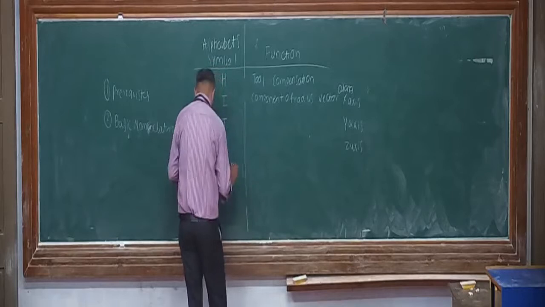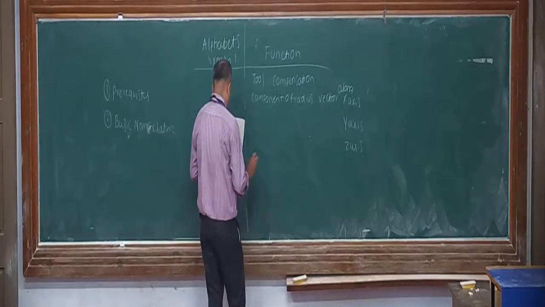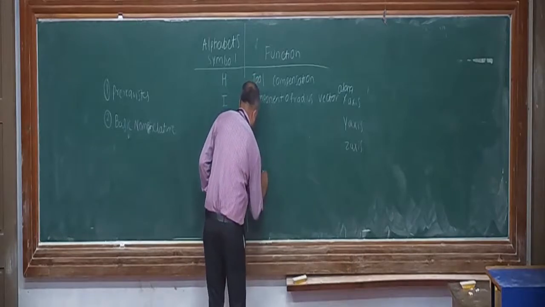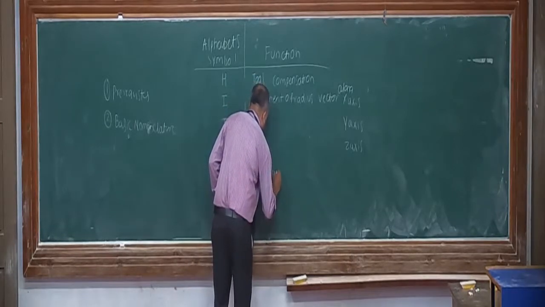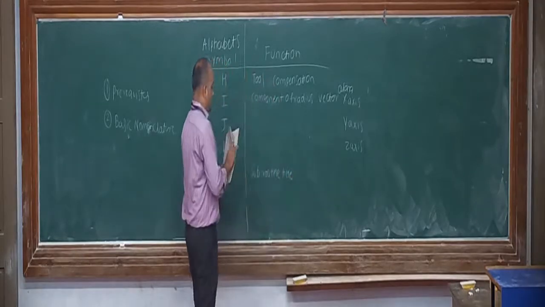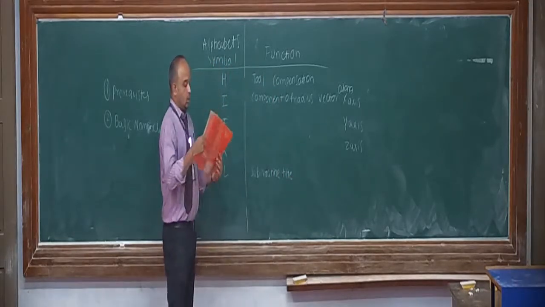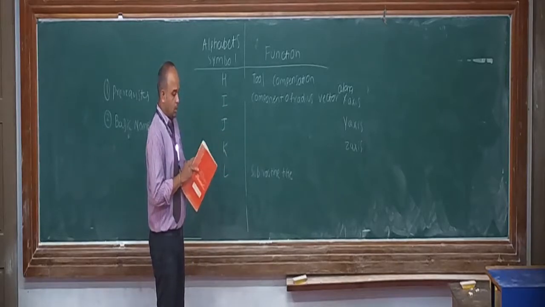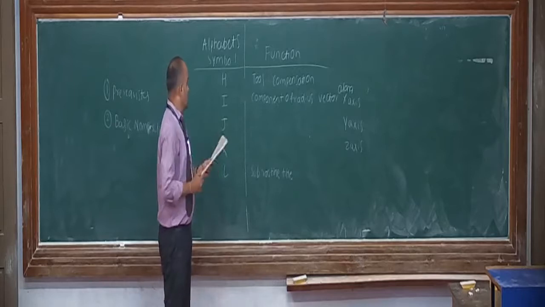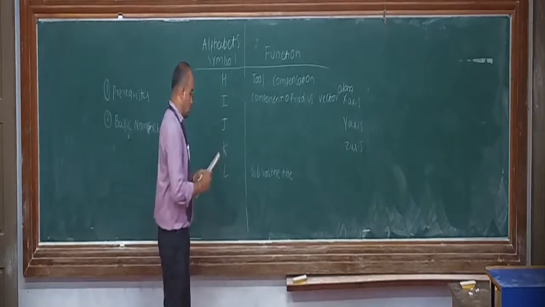Then L is a subroutine title. These are standard. These are available even on Google, or if you go to any standard controller manufacturers, they have given all these things.